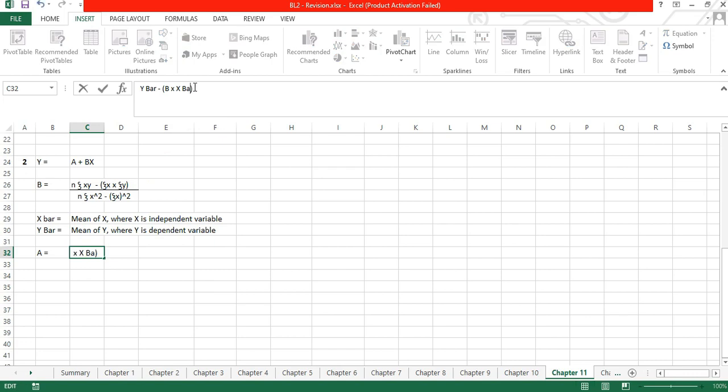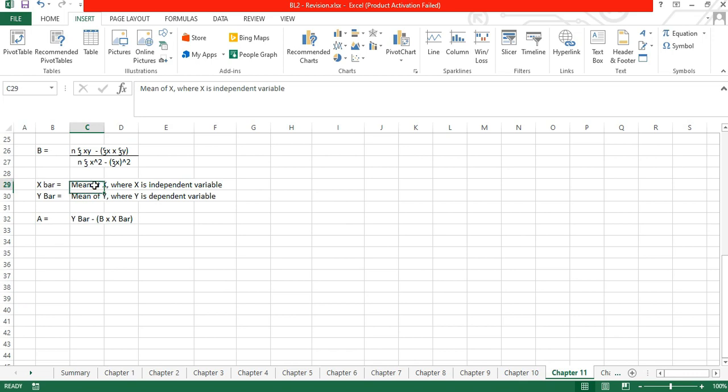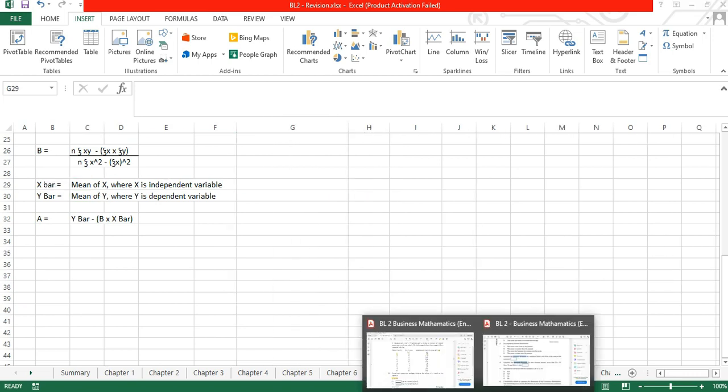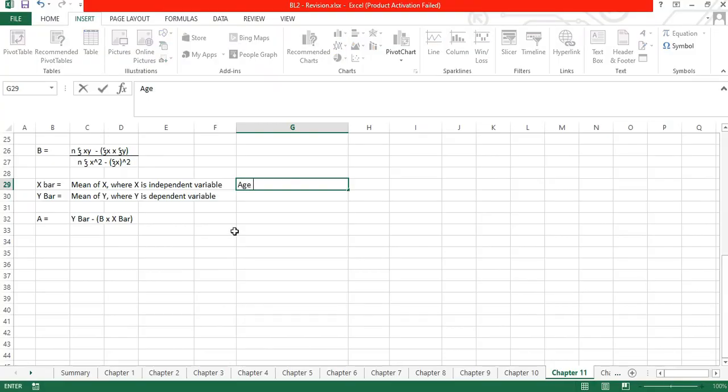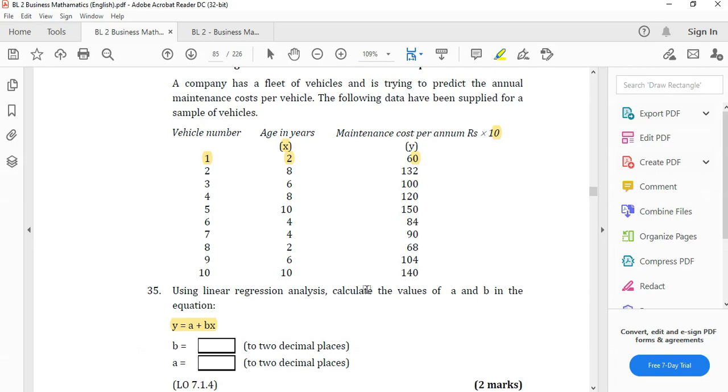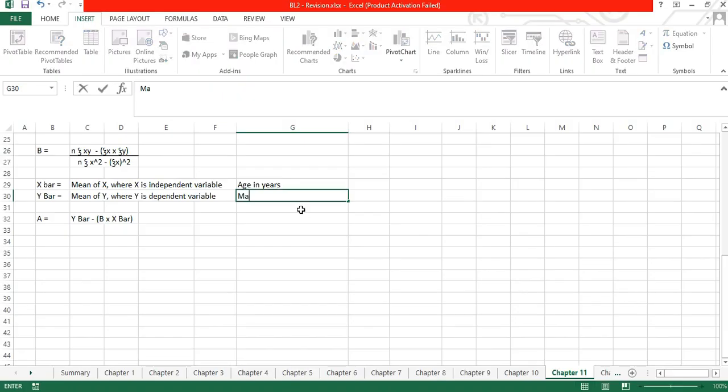Now we have to fill the gaps. First of all, you have to determine what is the x value here. So, x is the independent variable. What is the independent variable? Oh, they have clearly given that, it's the age, age in years. And y is the maintenance cost per annum. Okay.